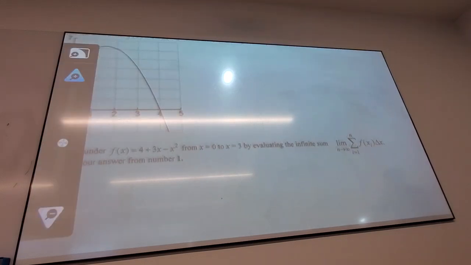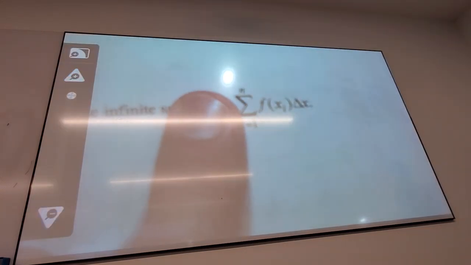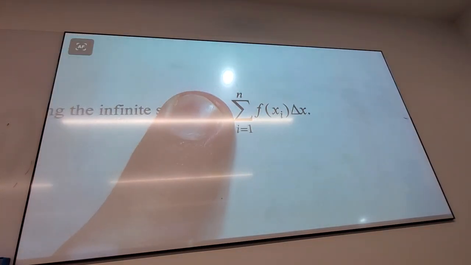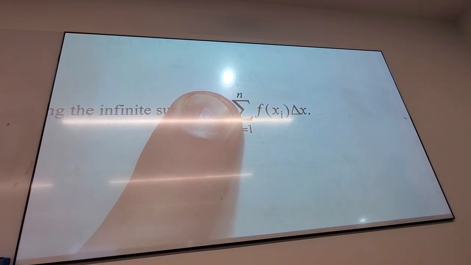Just to remind you, in this formula, what does the n physically represent? How many rectangles? Cool. The more rectangles there are, the better my resolution and the better my approximation. If I use a flat-topped rectangle, it's not going to fit perfectly over a curve.